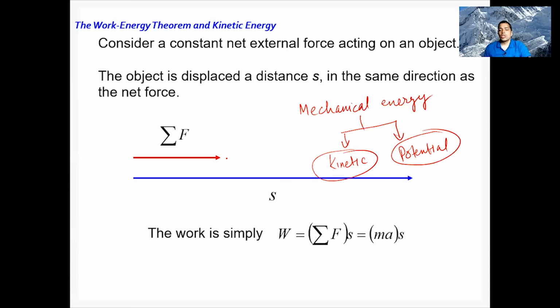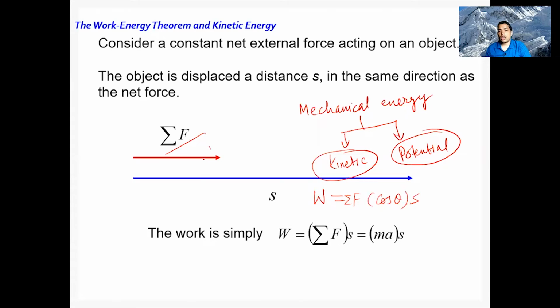All right. So let us consider a constant net external force acting on an object. So like this, right? Constant force is acting on the object in the direction of the displacement. Okay. So here the net force is summation F and the displacement is S. So since they are in the same direction, what is your work done? Work done is summation F times S times cosine theta.